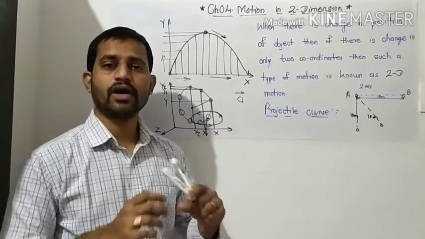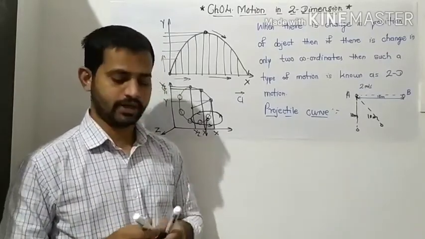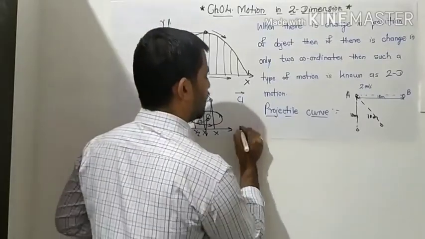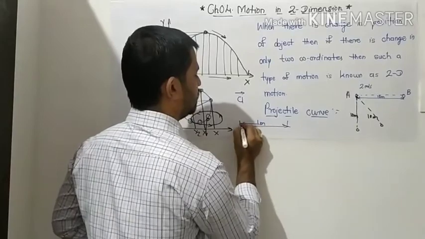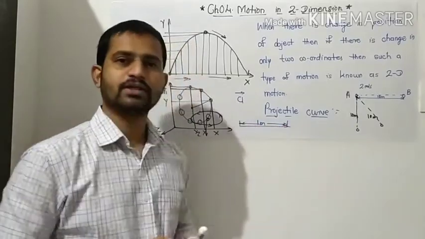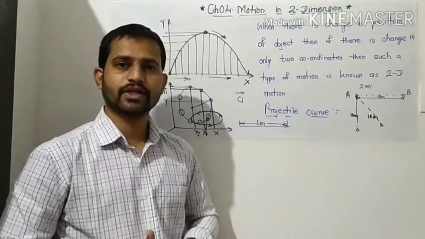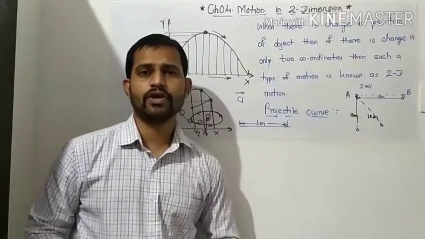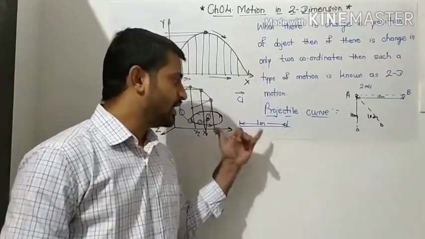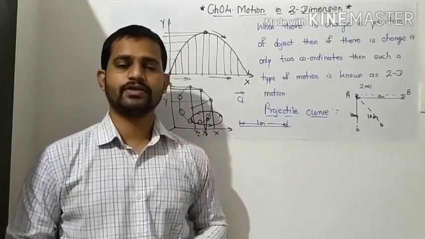I have to draw an arrow of length 1 meter. Then the length of the arrow gives us the magnitude, and the direction of the arrow gives us the direction of that particular physical quantity.